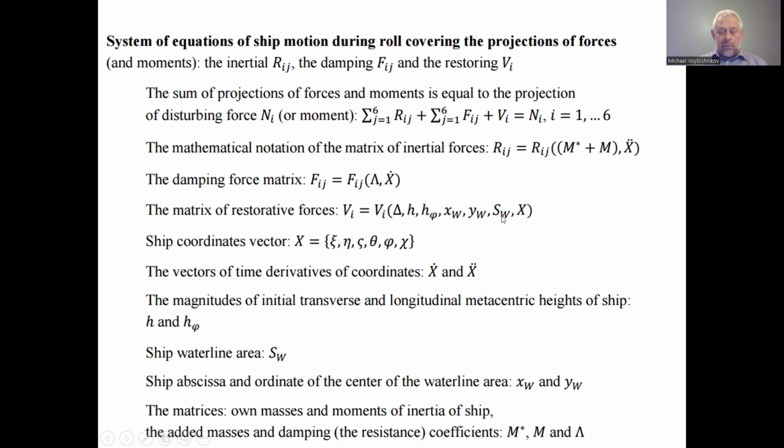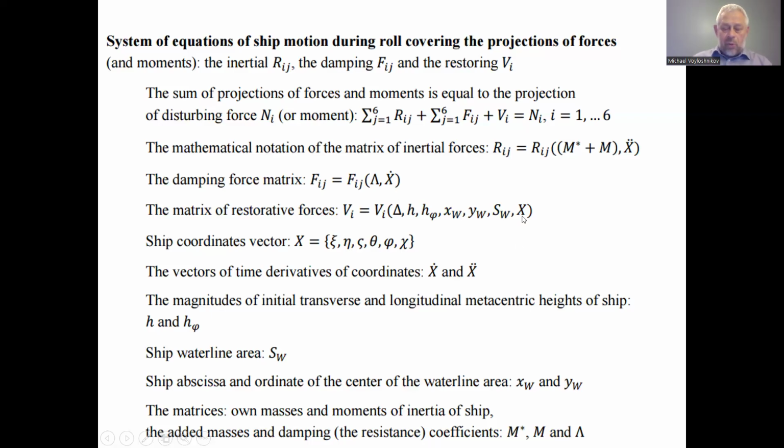SW is the area of the water line, and x is the vector, but not the second derivative, like finding the inertia forces, and not the first derivative as we find the resistance or damping forces, assuming as well the hypothesis of the linearization that the damping force depends on the velocities in the first degree.